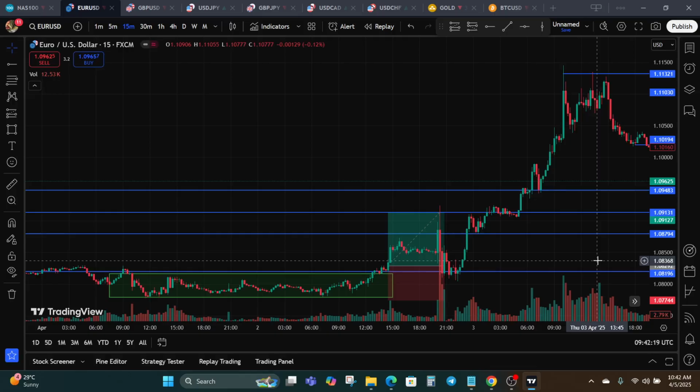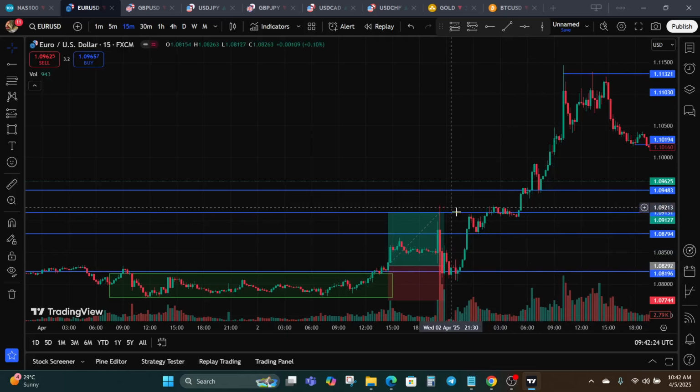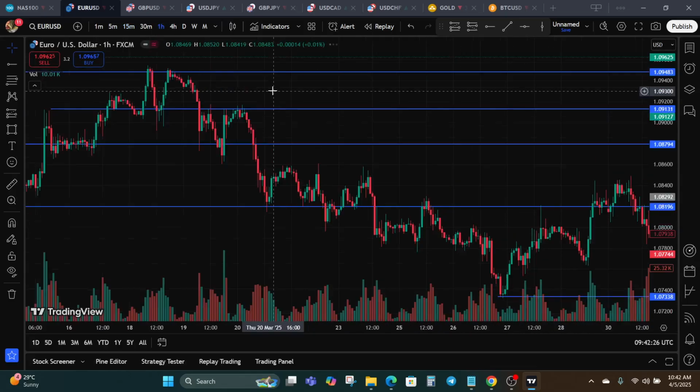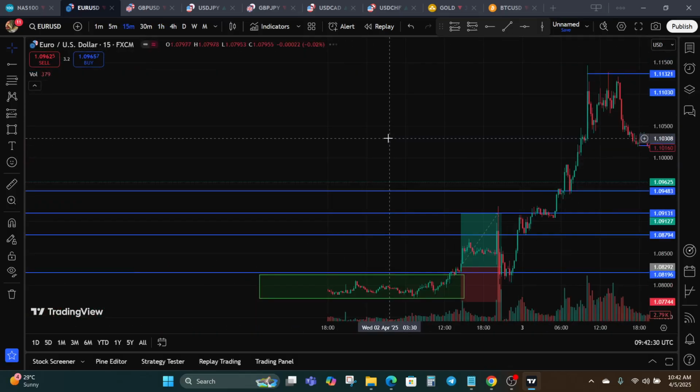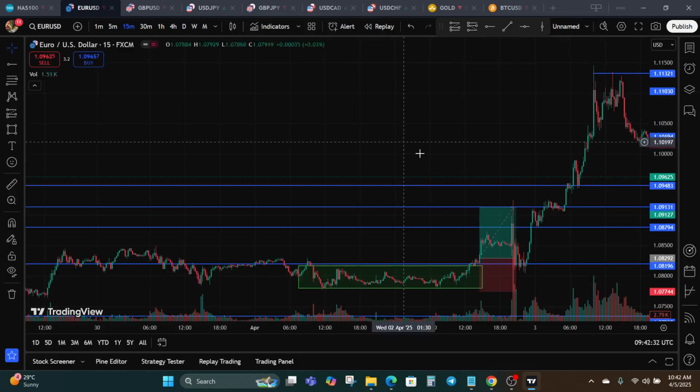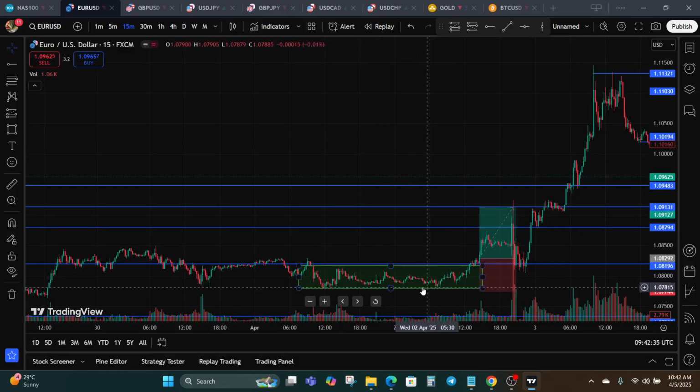So let us quickly recap. Remember that you have to identify strong support and resistance zones on higher time frames first. Once you have identified that, you come back to your 15-minute chart and wait for tight consolidation near the level.